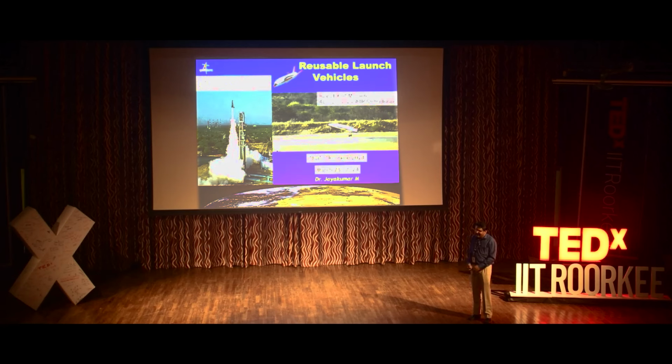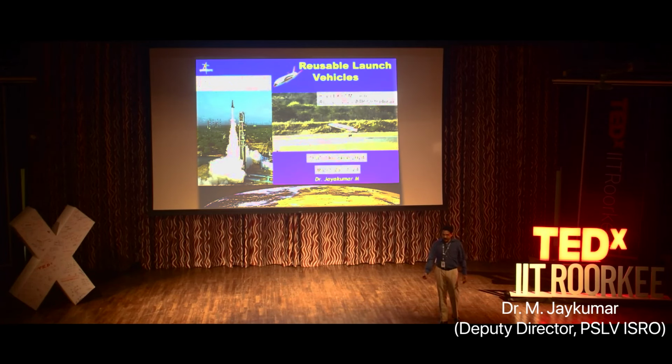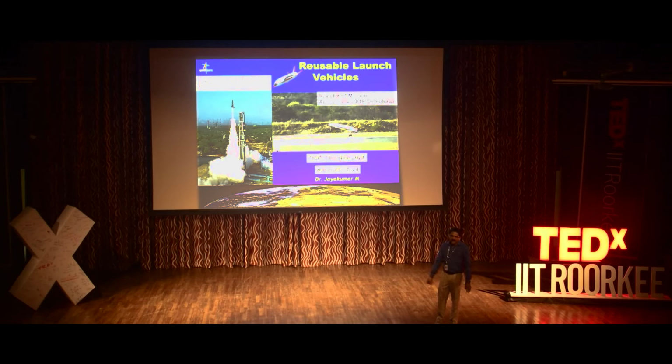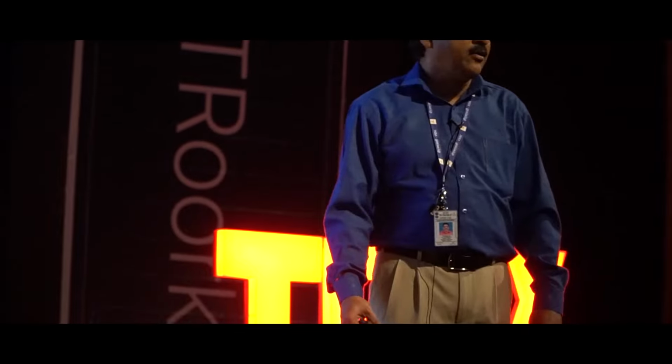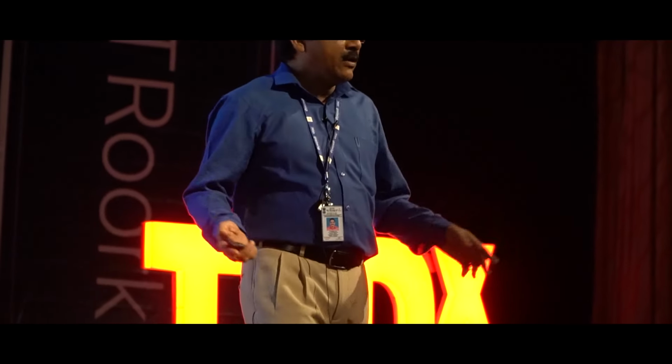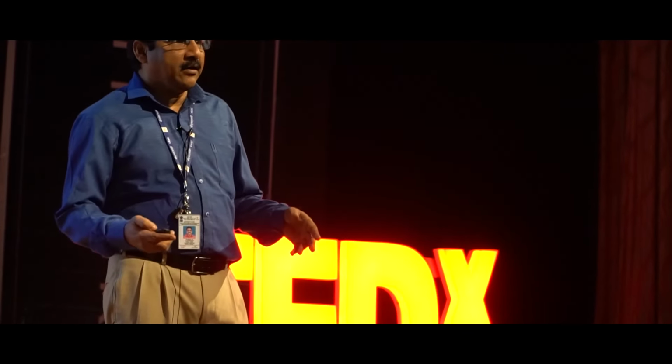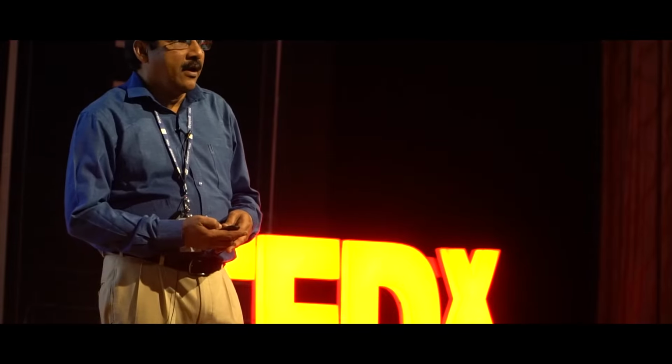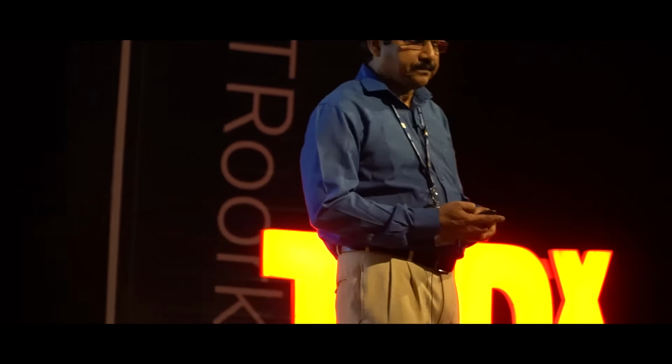So I'll be talking today about reusable launch vehicles. A launch vehicle, as you know, is a rocket-powered vehicle which is used to take a payload from Earth's surface to outer space. And this payload can be either a crewed spacecraft or a satellite.